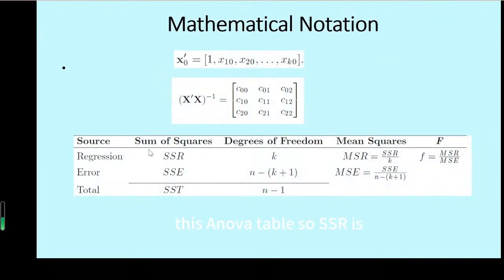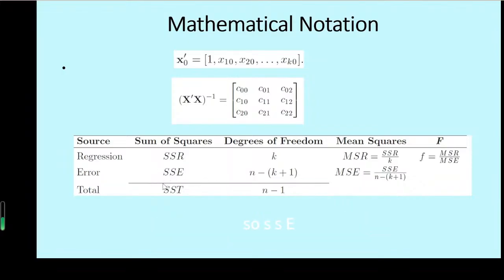SSR is the sum of squares of regression, which is the variation of the observations Y explained by the model. And S squared is the mean squared error, which is SSE divided by n minus k minus 1.